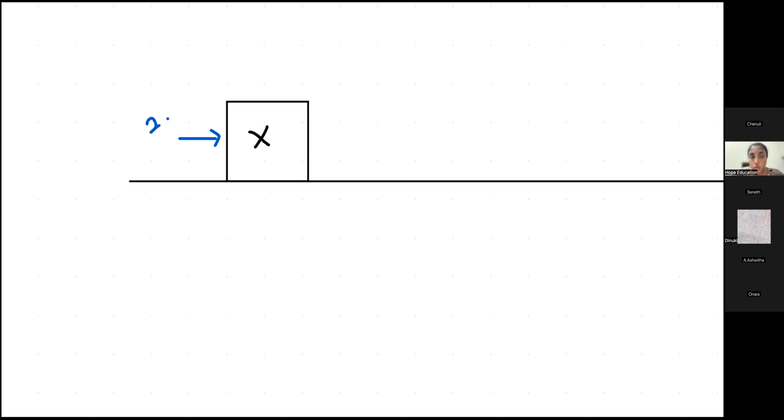Now the 2 Newton force is not enough to move X, but at least I'm trying to move X. Then X is in contact with the table surface, so the table surface feels that X is trying to move. Then the table surface doesn't like it, so it will apply a friction in the opposite direction to stop that motion.